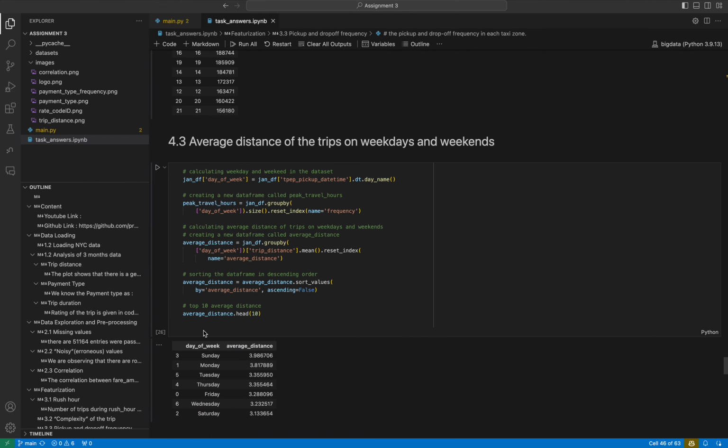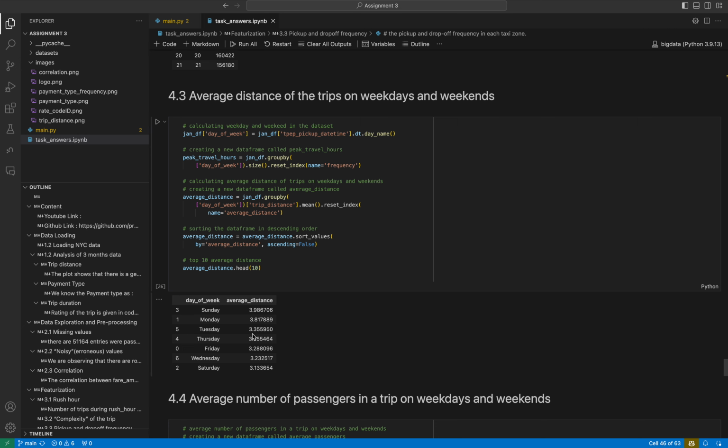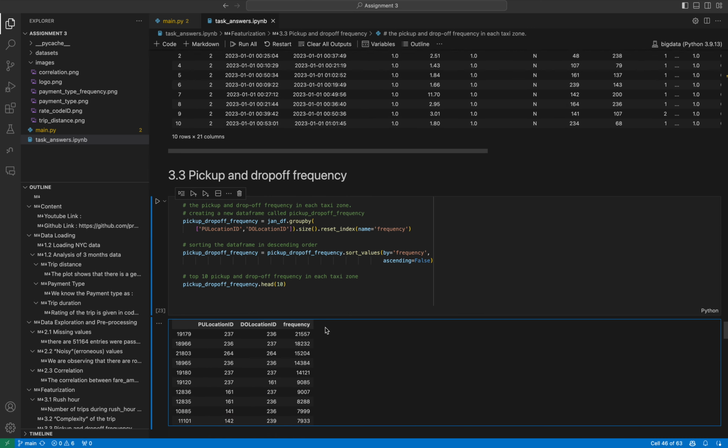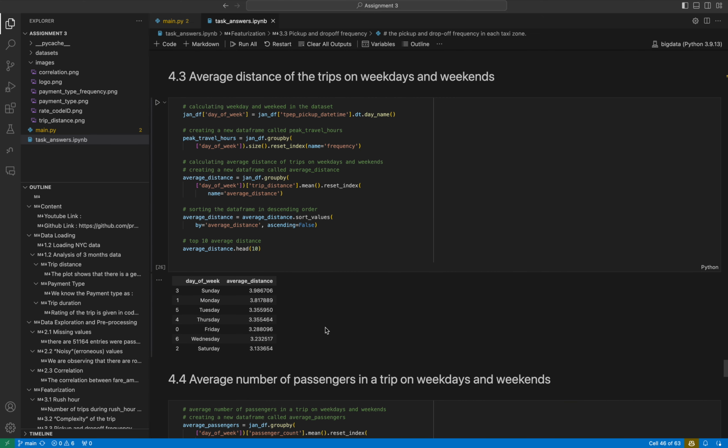The average distance uses the same logic as I have done for all of the above. For pickup frequency, I checked the date, whether it's a weekday or weekend. After checking that, I grouped them together with the frequency, and I found that Sunday is the day when people take the most cabs.